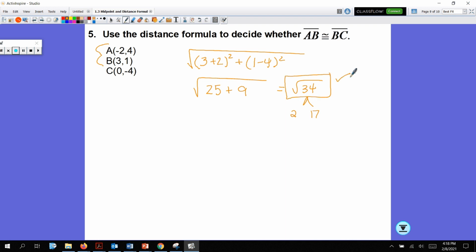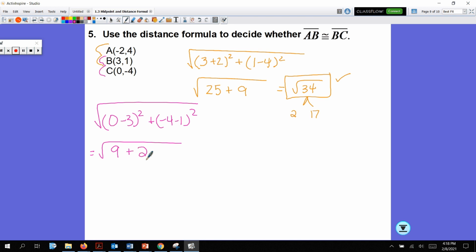All right, I am going to see if I take the distance of BC, if I get the same. So let's see, we have 0 minus 3 squared plus -4 minus 1 squared. 0 minus 3 is -3. -3 squared is 9. -4 minus 1 is -5. -5 squared is positive 25.